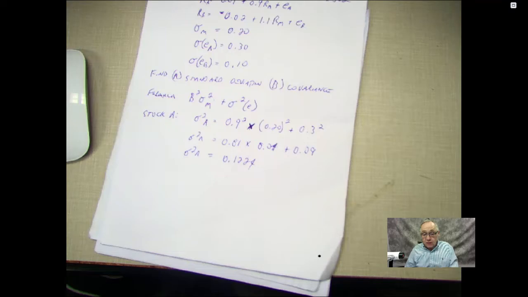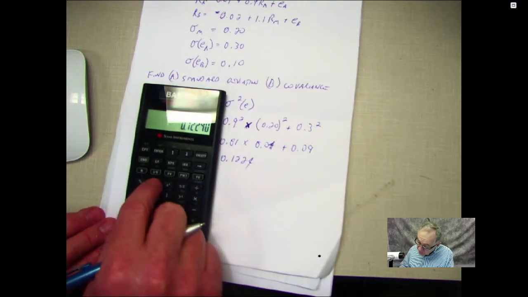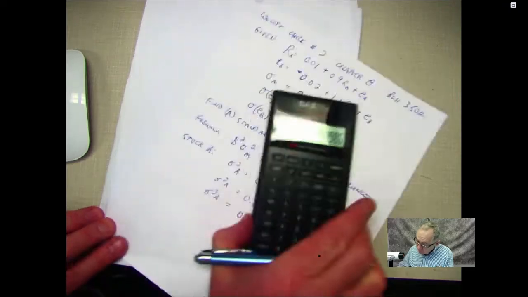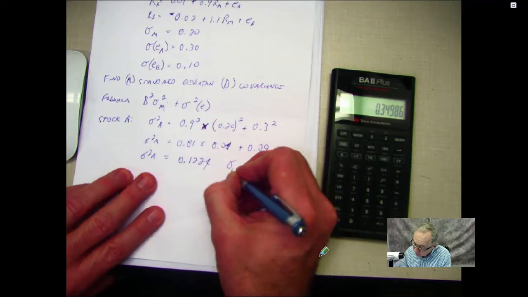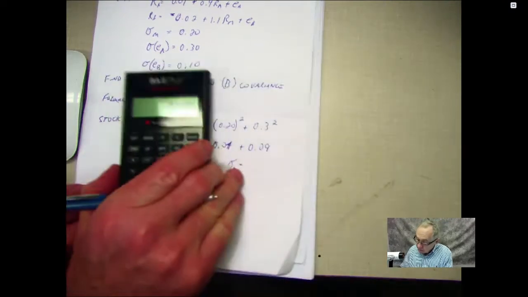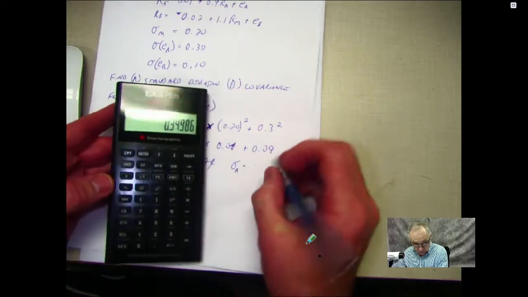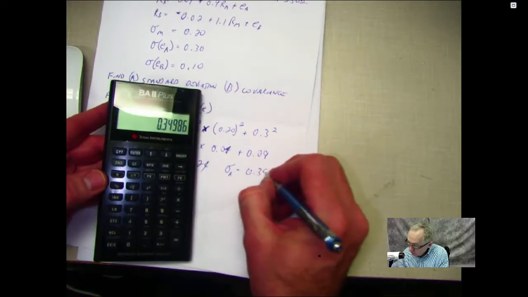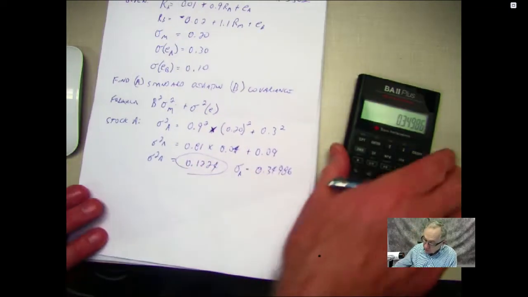If we wanted to go further, we could take this to standard deviation. The standard deviation of the unique company risk then is 0.34986. Okay. However, we're going to work with our variance.